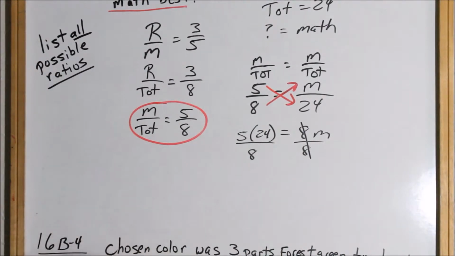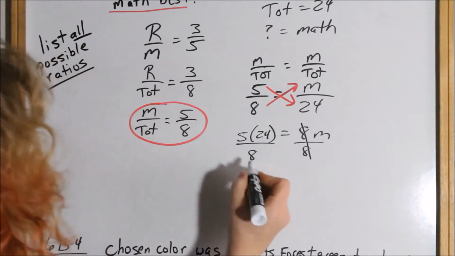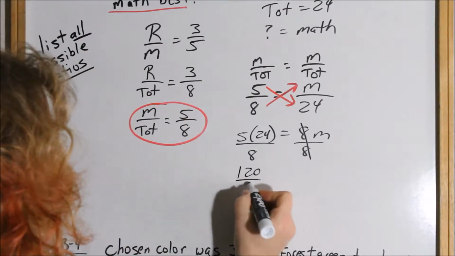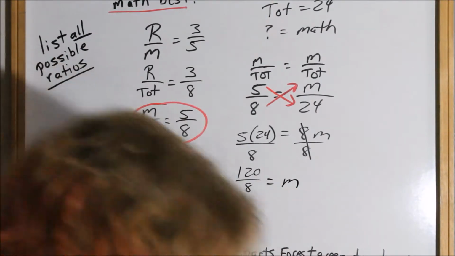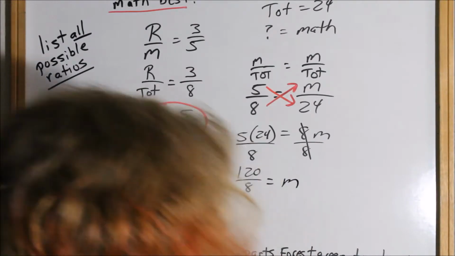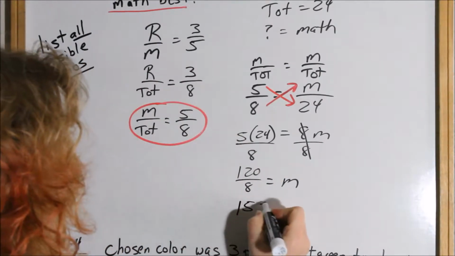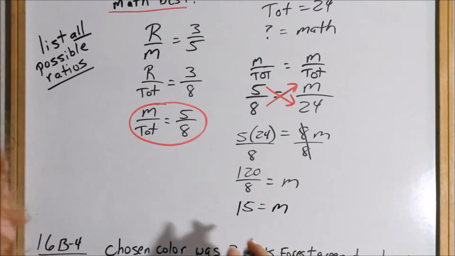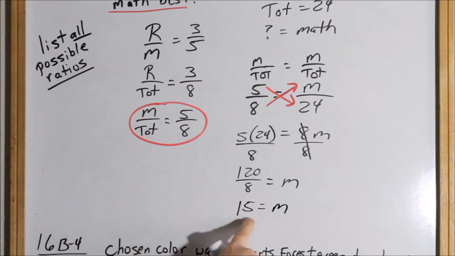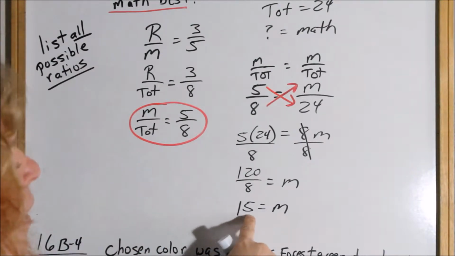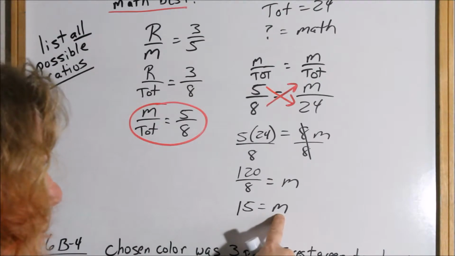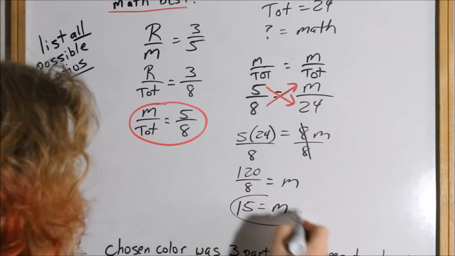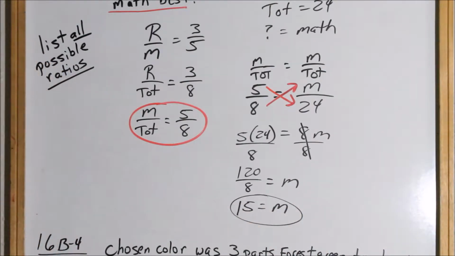Let me do 5 times 24. That will be 120 divided by 8. And so then M equals 15. So when there is a class of 24 students, 15 of them will like math the best. And that's how that works.